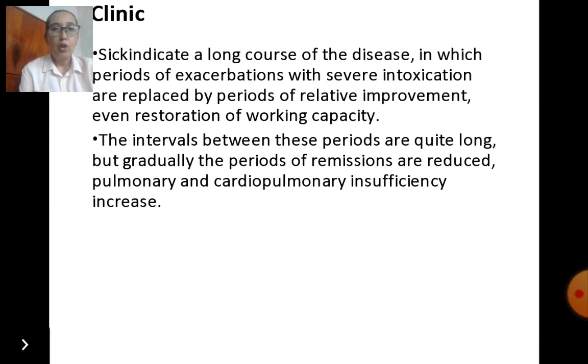Sick people indicate a long course of the disease in which periods of exacerbation with severe intoxication are replaced by periods of relative improvement, even restoration of working capacity. The intervals between these periods are quite long, but gradually the periods of remission are reduced, and pulmonary and cardiopulmonary insufficiency increase.